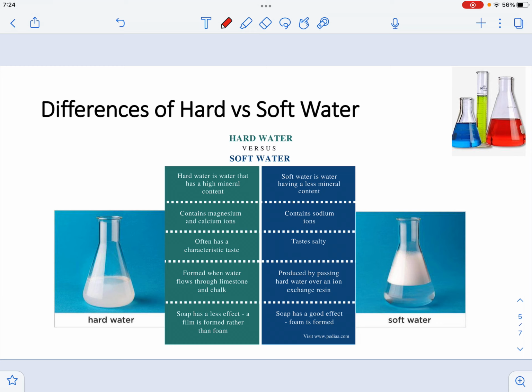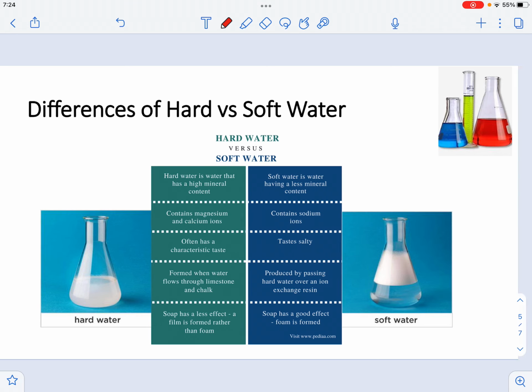You're going to exchange the +2 cations for the +1 cations as your water passes through the resin. And understand that with soft water, when we put soap in it, the soap has a good effect and we see a lot of foam. And you will see how the cleaning ability in a soft water sample that has soap is much better compared to hard water.